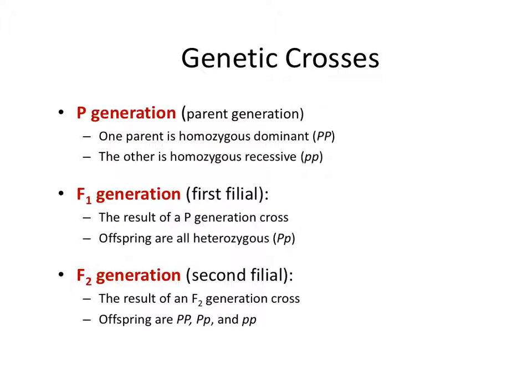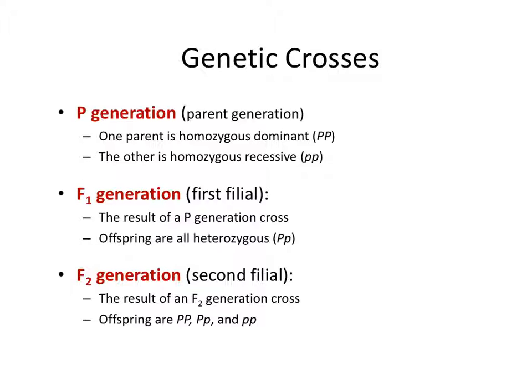Okay. Genetic crosses. This is what Mendel did with his flowers, in this case pea plants. And pea plants are dominant recessive. The same thing is going on in terms of genetic crosses that Mendel was doing.